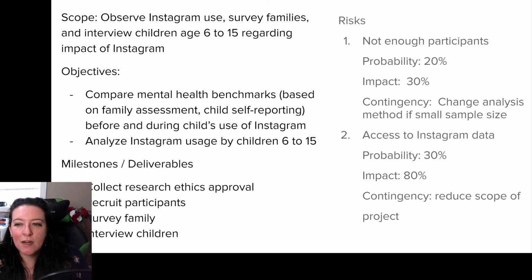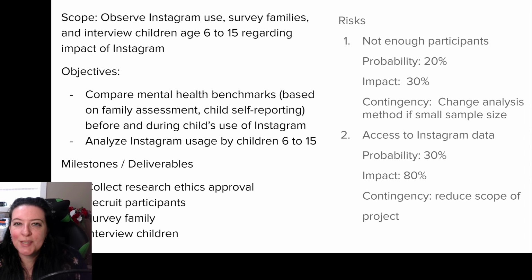Maybe the issue here is the access to Instagram data. So we think we can get families to participate and they will fill out surveys and do interviews, but the actual access to the Instagram data specific to these people might be problematic. So maybe the probability is about 30%. But the impact is quite big at 80% because if we don't have that data, then we can't do analysis on what they are seeing and doing in Instagram.